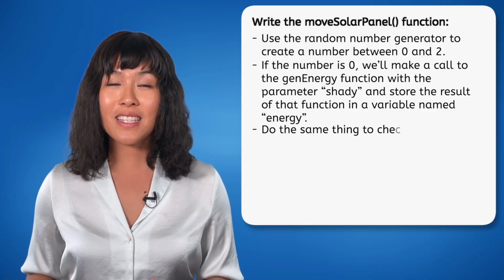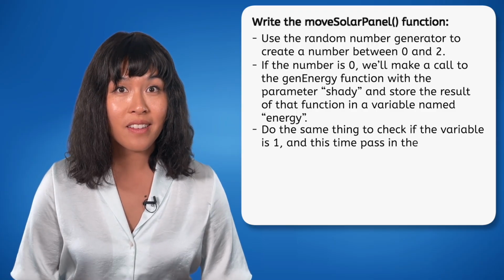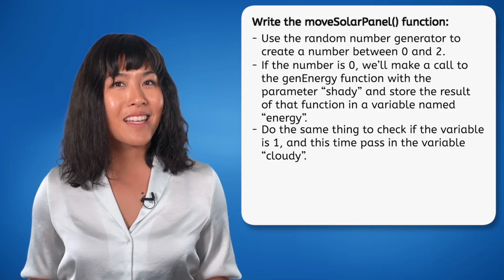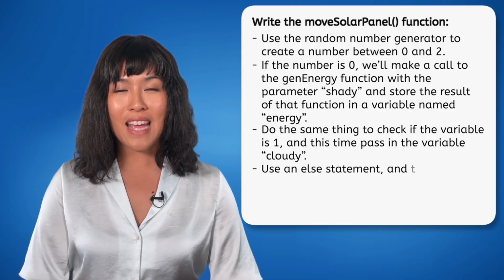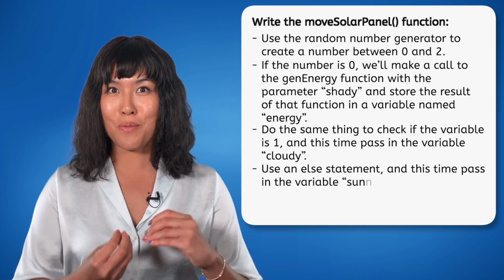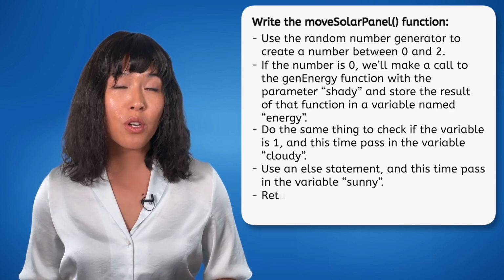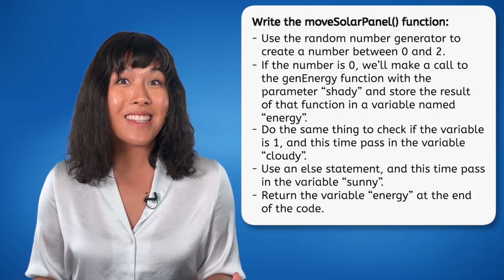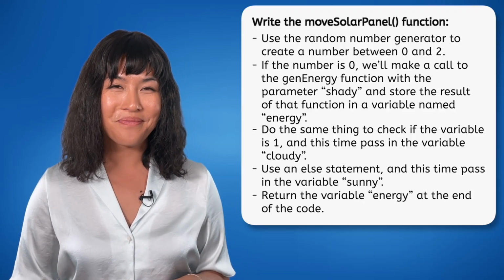Do the same thing to check if the variable is 1, and this time pass in the variable cloudy. Lastly, use an else statement and this time pass in the variable sunny. Be sure to return the variable energy at the end of the code. Try this in your guided notes now.